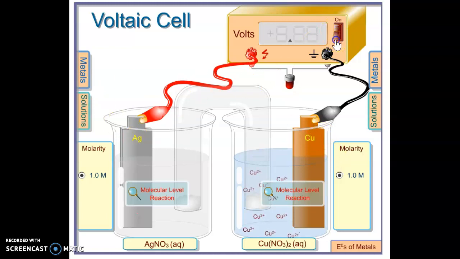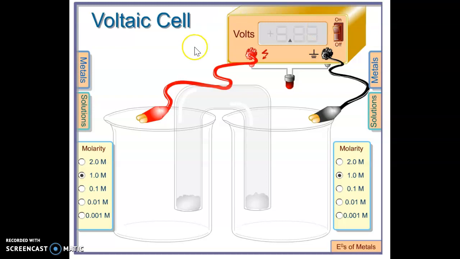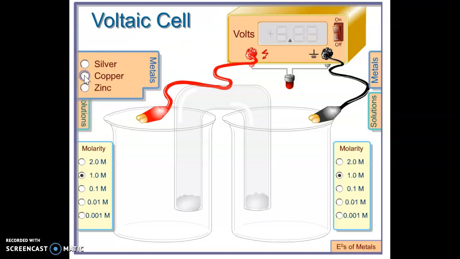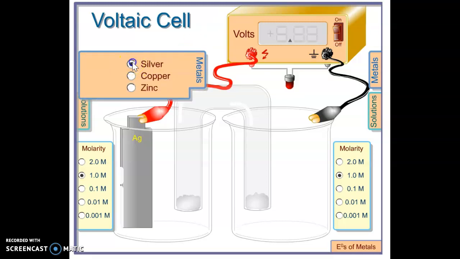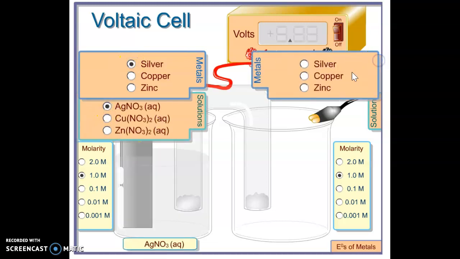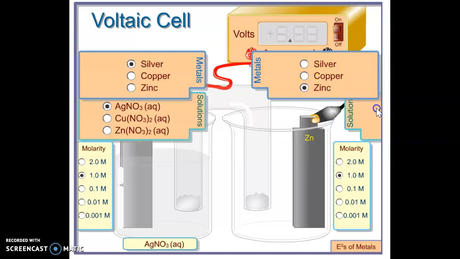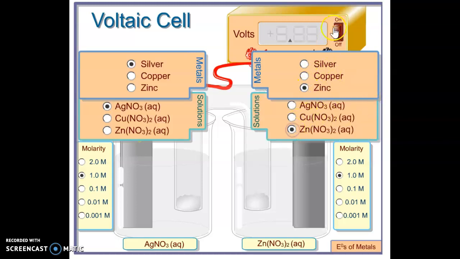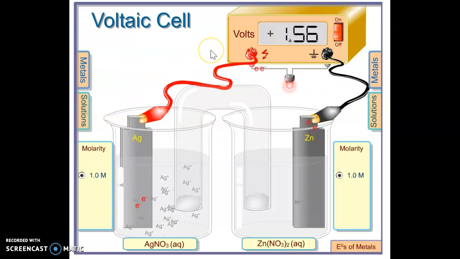Alrighty, so that's for that first one in the table. Next we're going to do silver and zinc. So we got silver and our silver nitrate and zinc and our zinc nitrate. Let's turn this on. Okay, go ahead and record your voltage and the direction of flow for those electrons.